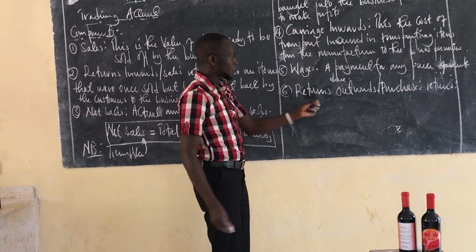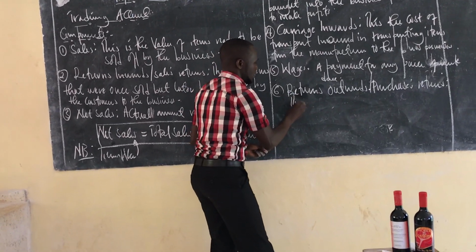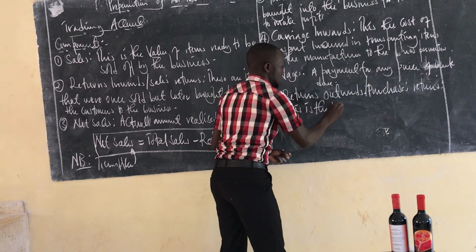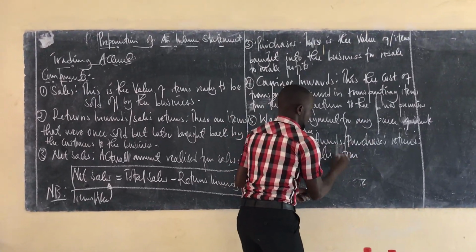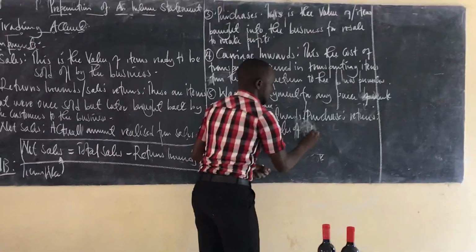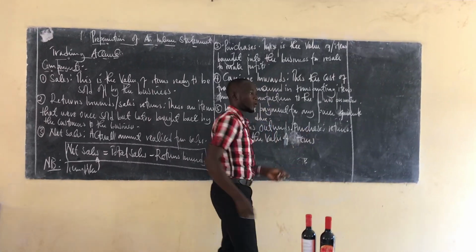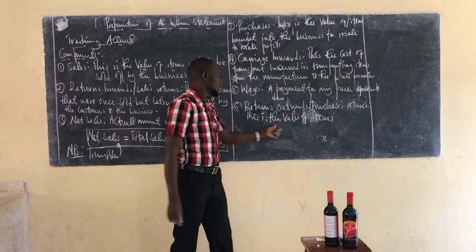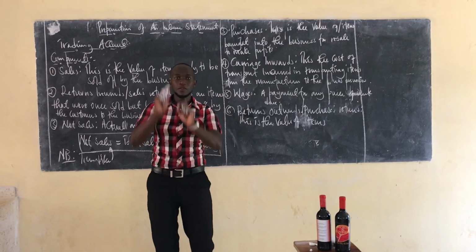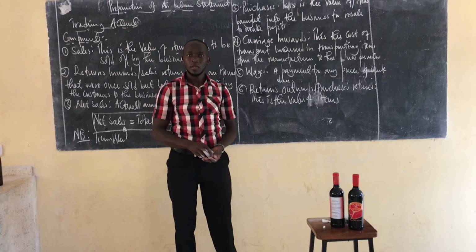When you look at return outwards, we say this is the value of items. All these are items. You'll find someone writing it that way, and it is okay. Only that I'm using the value of items because what I did is writing the value into the trading account.